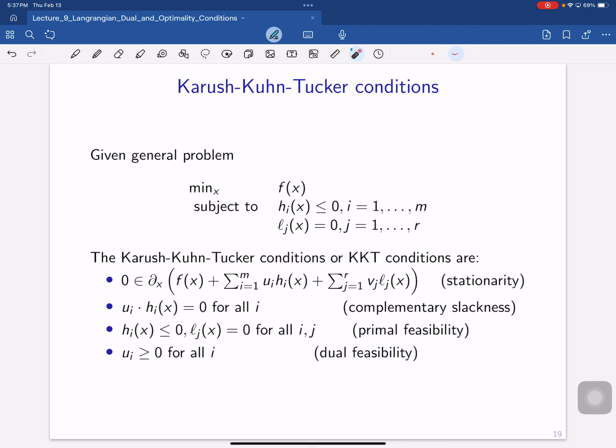Remember when we said what the necessary and sufficient condition of a linear program is: primal feasibility, dual feasibility, and then complementary slackness. Similarly, in nonlinear programs, this is the counterpart of the complementary slackness condition.